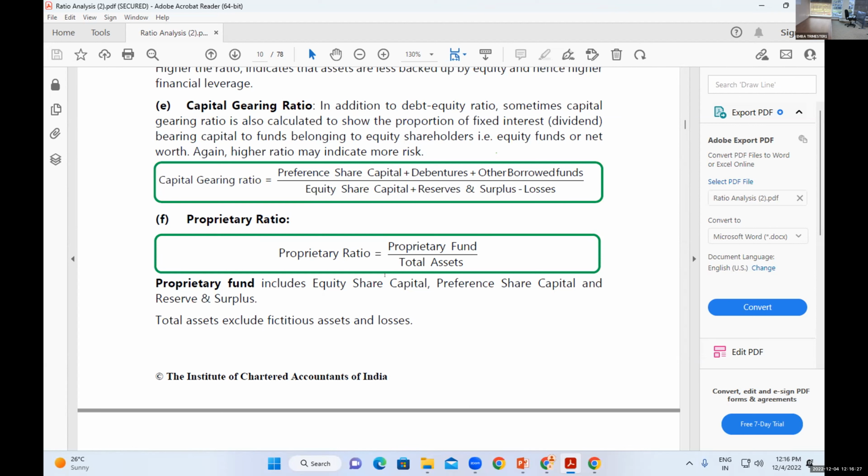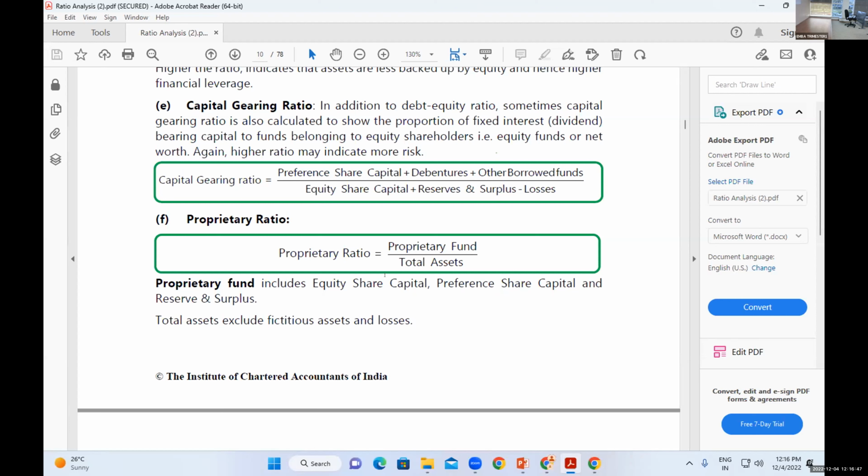What are fixed income bearing securities? You take money from somebody by issuing some document. The document is called a security. In this context, a security means any paper that gives you a right to claim some amount from somebody else, and it can be traded in the market.